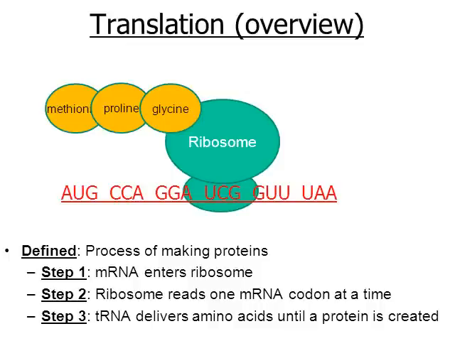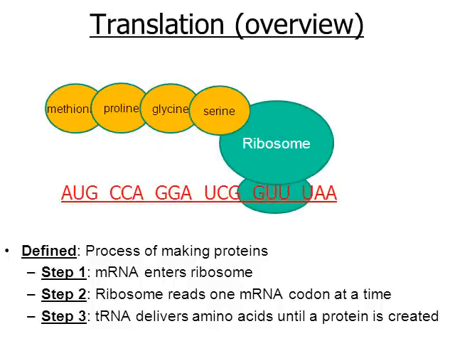If you look in the picture, the fourth codon is UCG. If you look up UCG in your genetic code chart, you find serine. UCG is the code for tRNA to deliver serine, and you can see that's just happened. So tRNA will now drop off serine.